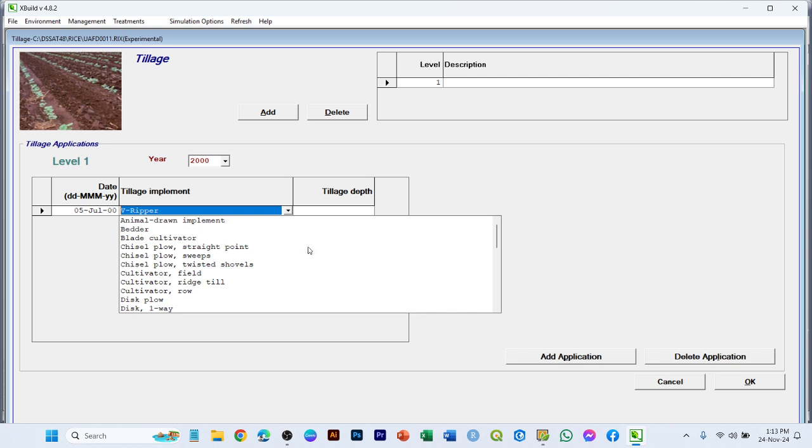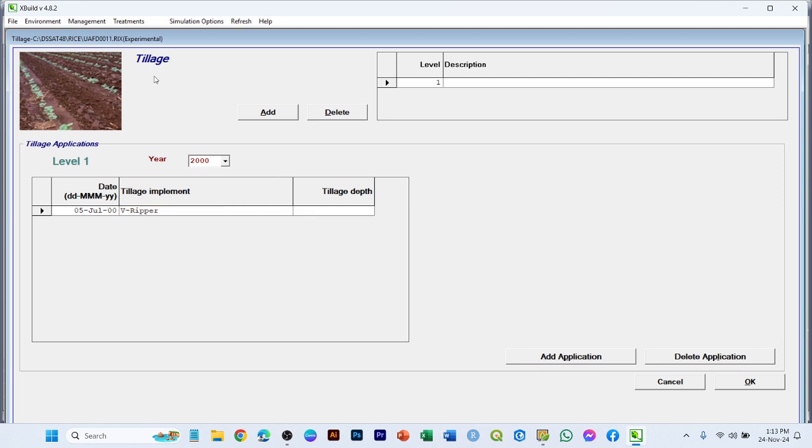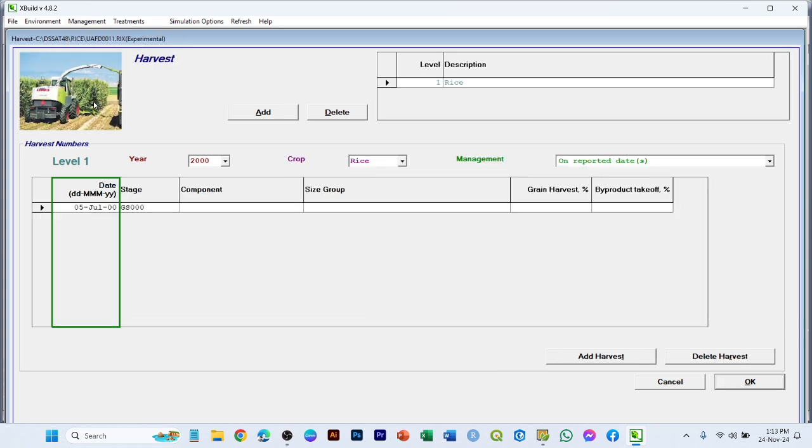Next, harvest. You have to put all the information regarding the crop. What is the harvest date, what is the crop over there, and what is the management. Keep in mind, this is the view icon that you have to consider.